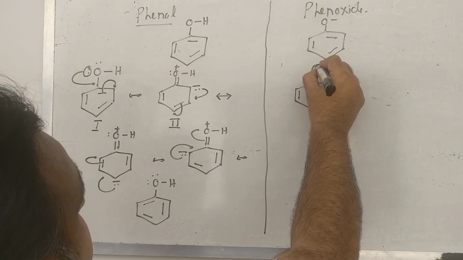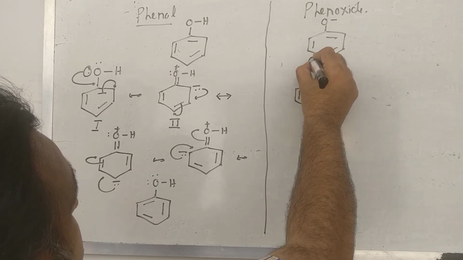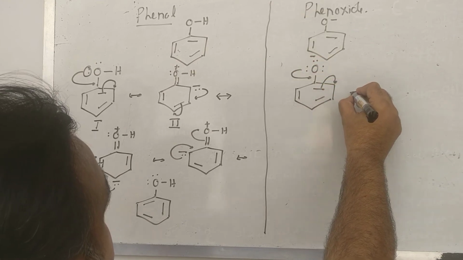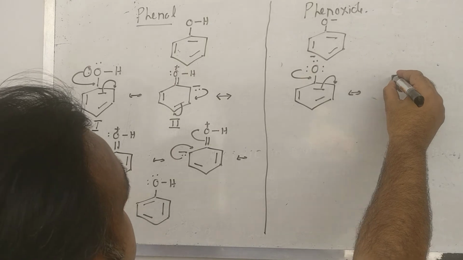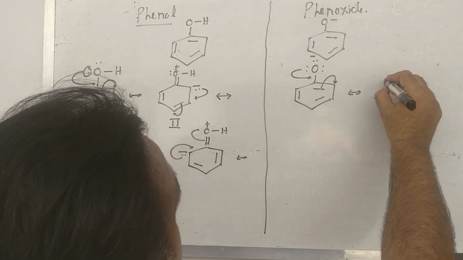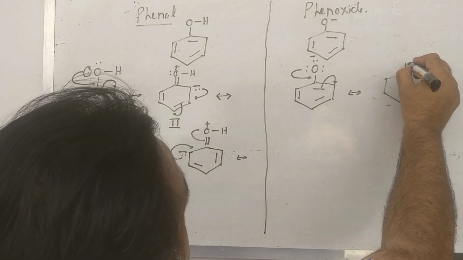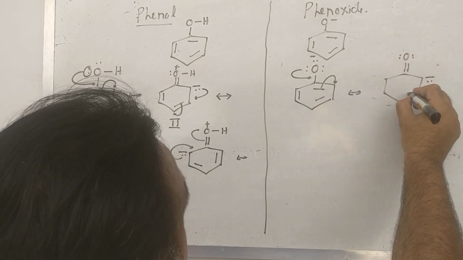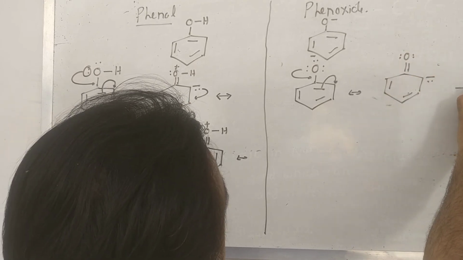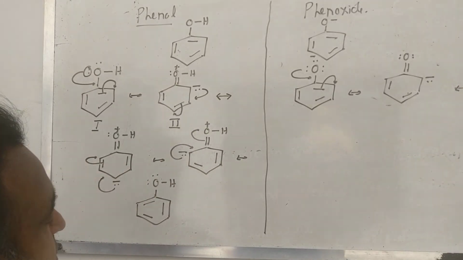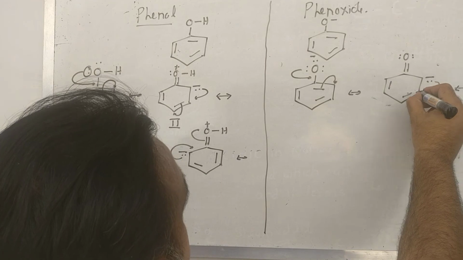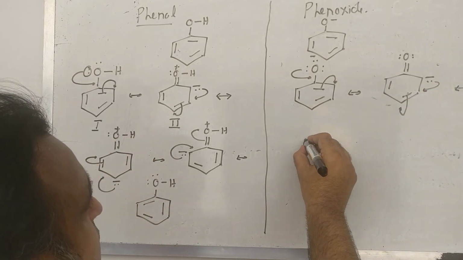As we draw the resonating structures of phenoxide ion, you will find they have no charge separation, because on oxygen there is already a negative charge. As the lone pair goes away, it will become neutral. You will see no positive charge on oxygen, no charge separation. It is only the negative charge which is going to roam about or get delocalized.